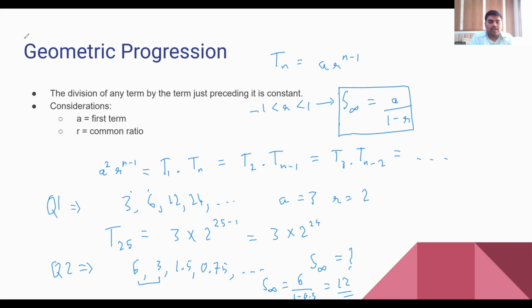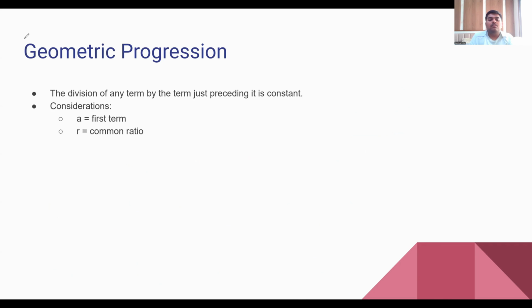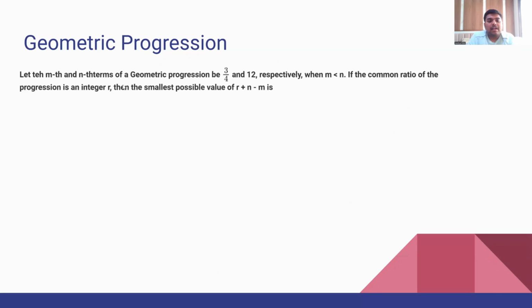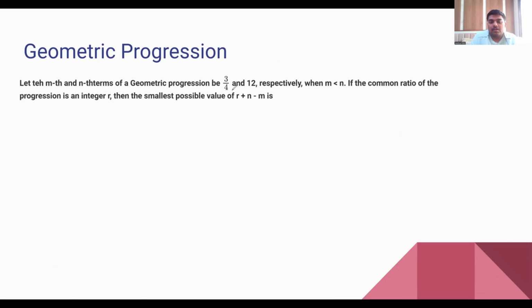And now let us look at a question which has also come in the actual CAT. Let the mth and the nth terms of a GP be 3 by 4 and 12, where m is less than n. If the common ratio of the progression is an integer r, then the smallest possible value of r plus n minus m is.